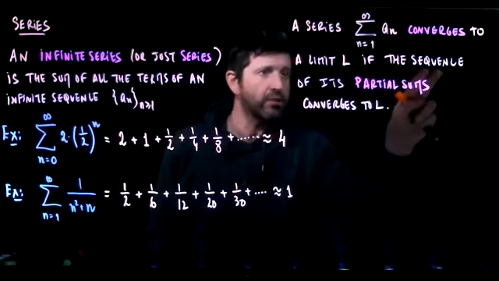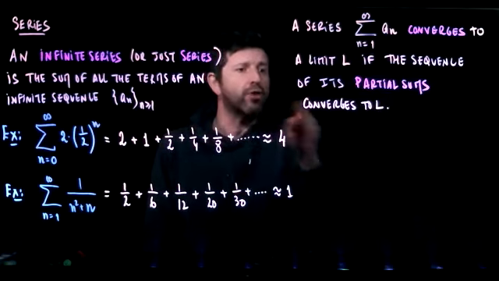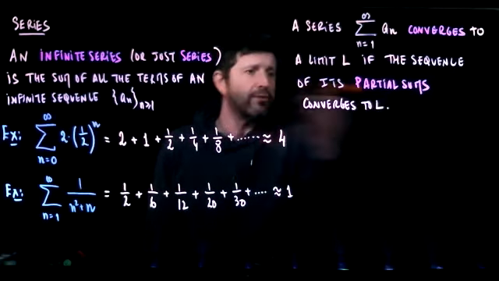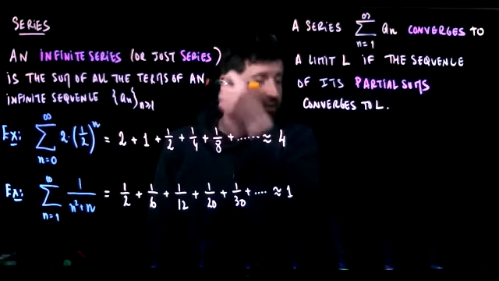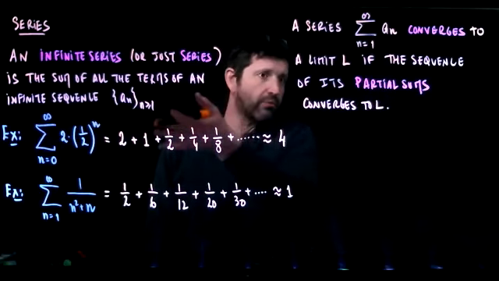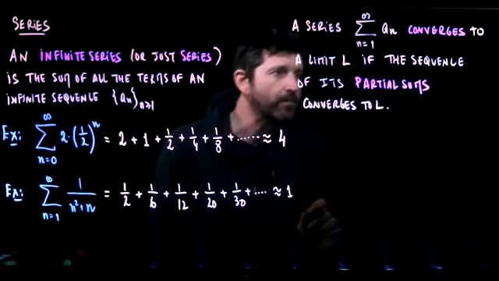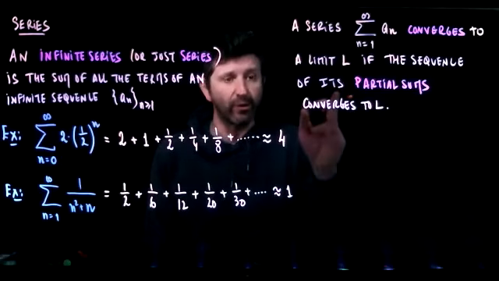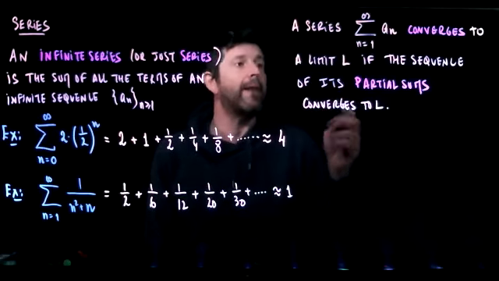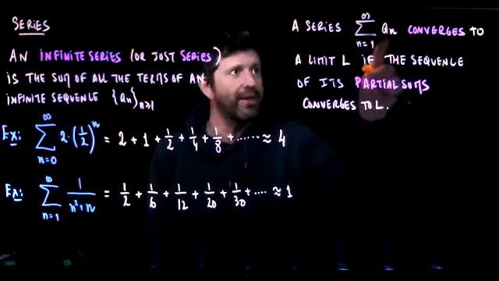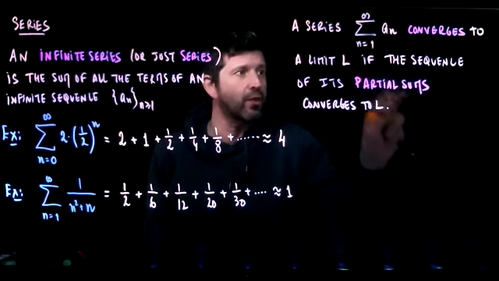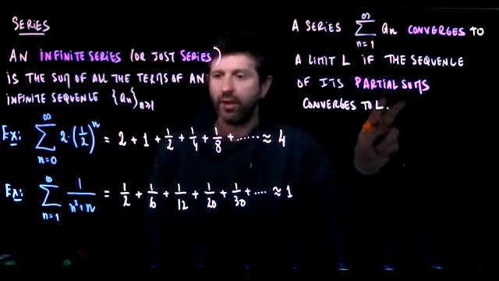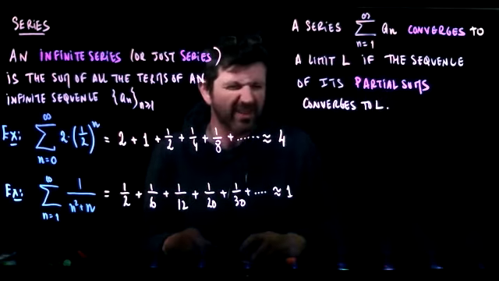A sequence converges if you can get as close as you want to a certain limit, or we just evaluate a limit at infinity, just like we did before. So I know how to evaluate the limit of a sequence. I don't know how to evaluate the limit of a series. So what I do is create a sequence based on that series, called the sequence of its partial sums, just like I'm going to show you right now. I'll show you this with an example.